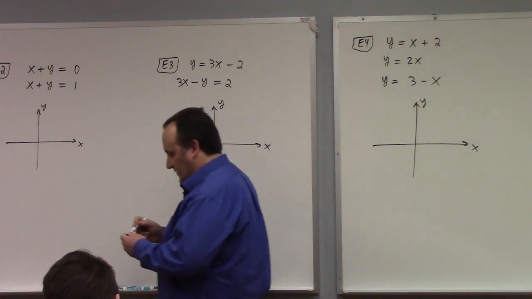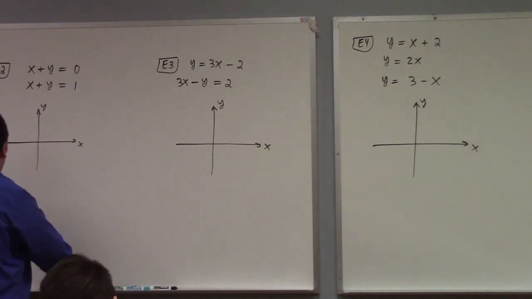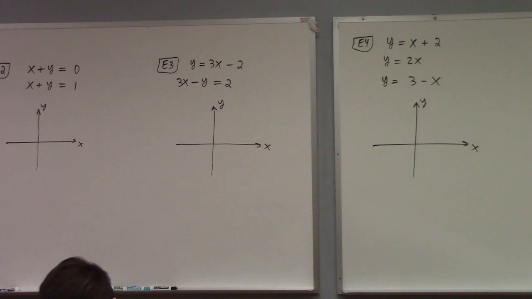Let's see here. So the first equation I'll do in red. You've got a slope of 1, a y-intercept of 1, so it's something like this, right? There's your y equals x plus 1.